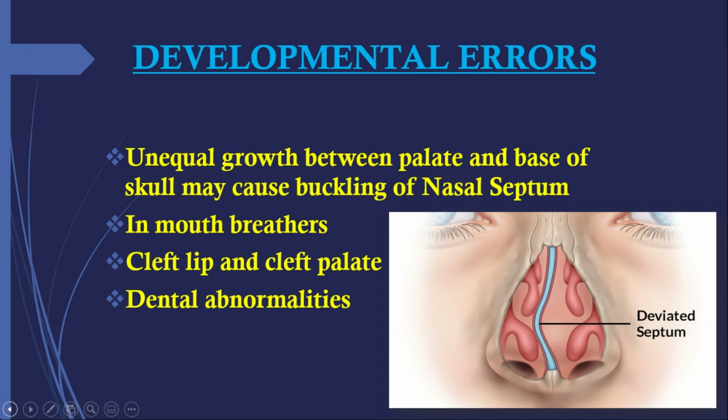Cleft palate and cleft lip deformities may lead to mouth breathing and underdevelopment of the nasal septum, sometimes a deviation of the nasal septum along with cleft lip and cleft palate. Dental abnormalities can also result in deviated nasal septums.